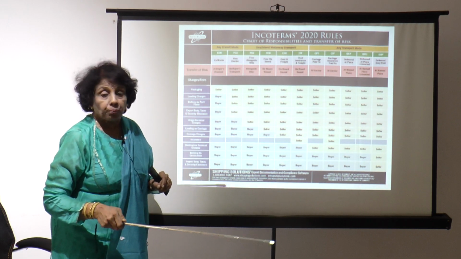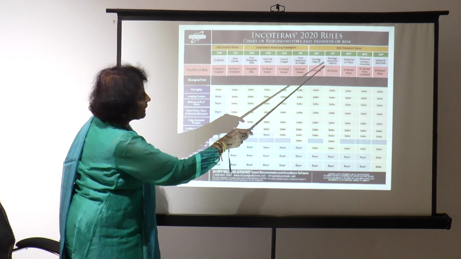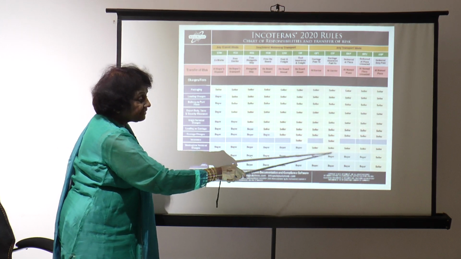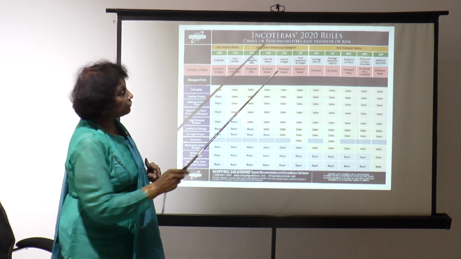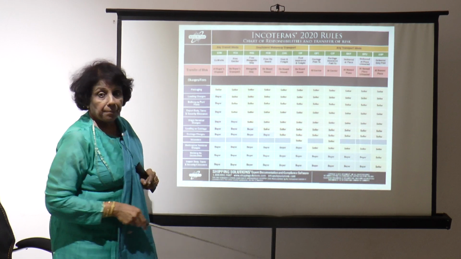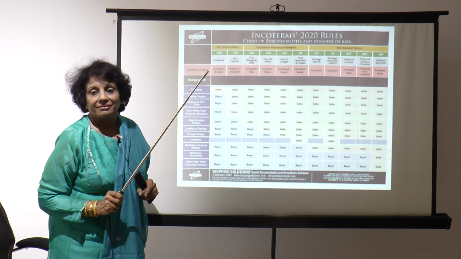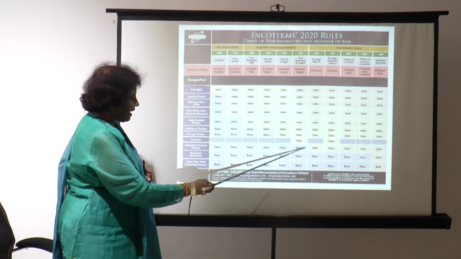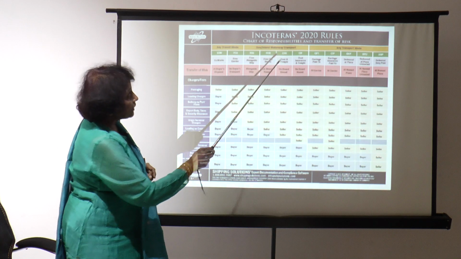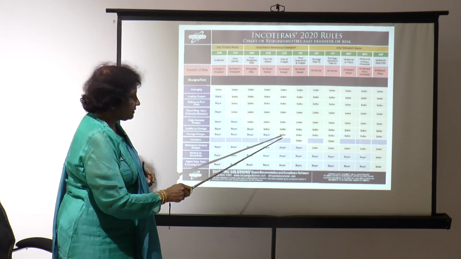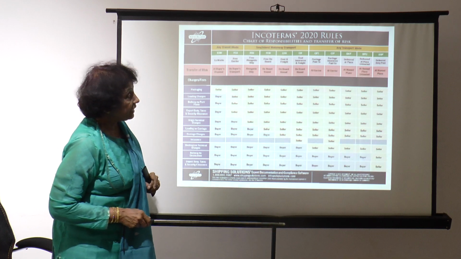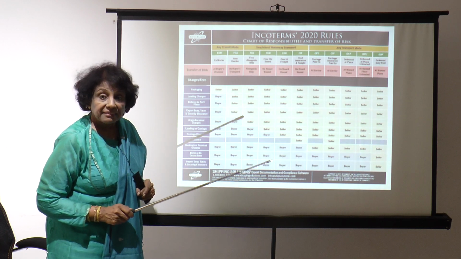Now, in Carriage and Insurance Paid, it is similar, except for insurance. So what is the difference between CPT and CIP? Only insurance. Destination terminal charges are paid in both. What is the difference between CFR and CIP? In both the carriage charges are paid, but in CIP, insurance is paid.